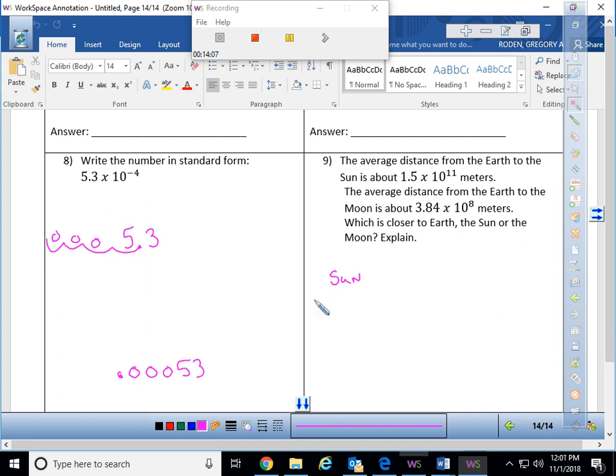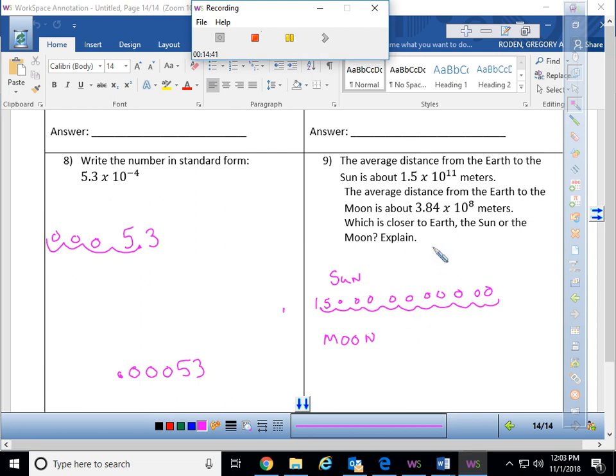So we have 1.5 times 10 to the 11th. Well, 1, 2, 3, 4, 5, 6, 7, 8, 9, 10, 11. So I believe we would fill in 10 empty scoop-de-loops here.